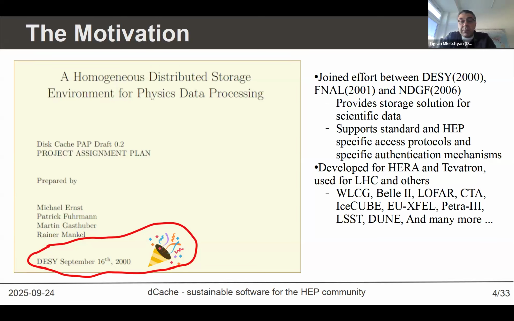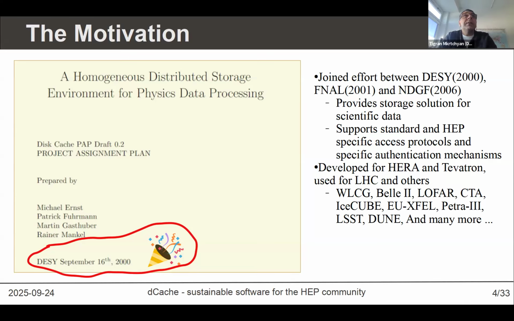Now they're working on their replacements, like XRD third-party copy, bulk service, REST API, and quality of service. And NDGF, by their distributed nature, was mostly working on getting the system operational in a distributed environment, with a focus on maintenance as well.